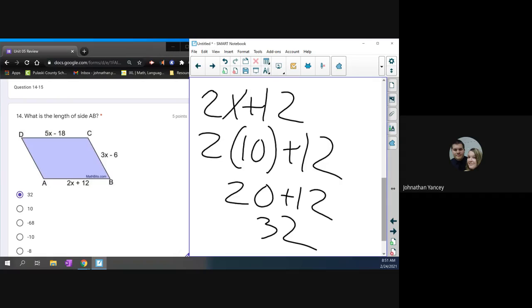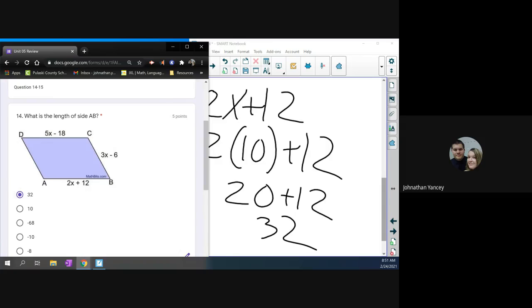Now, if question 14 said, what is x? The answer would have been 10. But it asked for the length of AB. So that's why you're having to solve for this right here. You had to find 10 in order to solve the equation. Now, technically, if I gave you the same problem, I could say, hey, what's CB equal to?